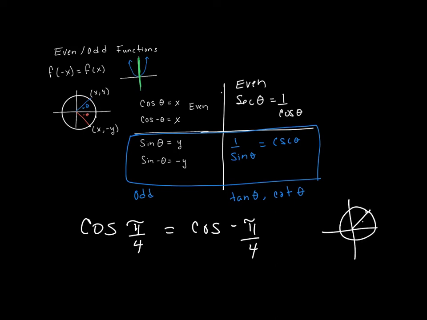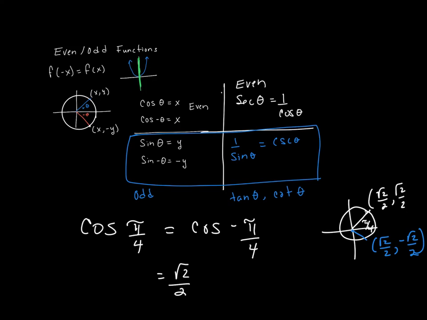At pi over 4, the point is square root of 2 over 2, comma square root of 2 over 2. So both of those are equal to the square root of 2 over 2. Whether it be the top angle or the negative angle in the other direction, the point down here would be square root of 2 over 2, comma negative square root of 2 over 2.